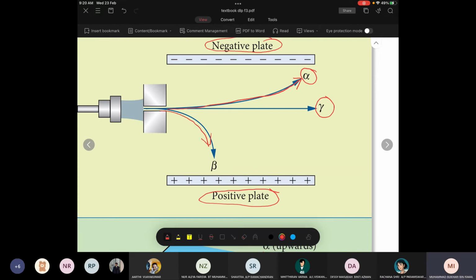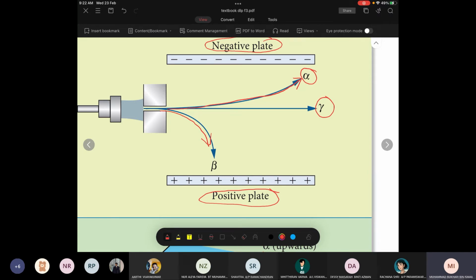Okay, can you tell me why this happens? The deflection of beta is much more compared to alpha. It has something to do with the mass. So we have learned already that electron has lower mass. That's why it can easily be deflected, because the mass of beta is very low.